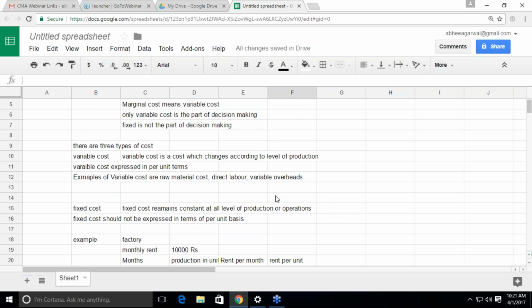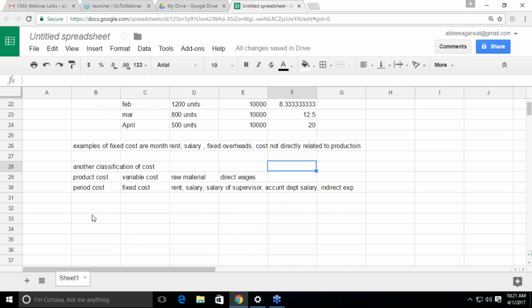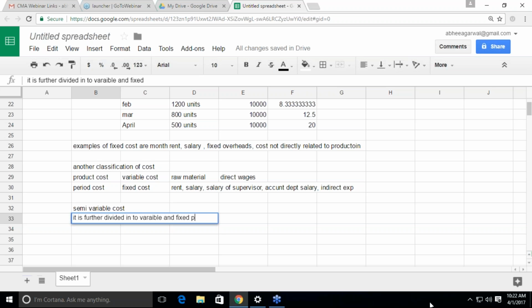So we understood the difference between variable and fixed cost. There is one more cost called semi-variable cost. In the semi-variable cost, it is further divided into variable and fixed portion.